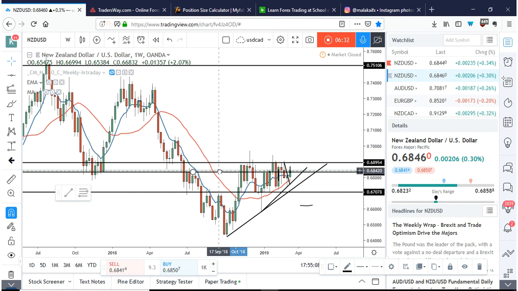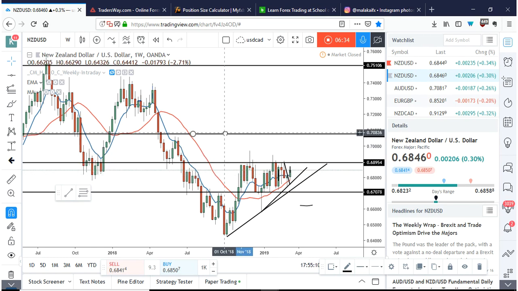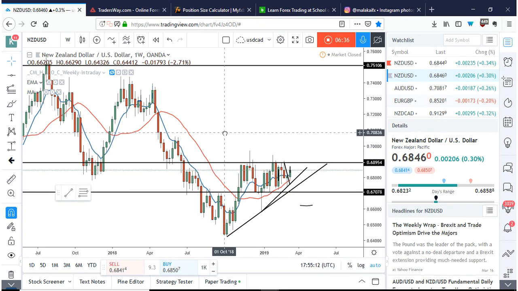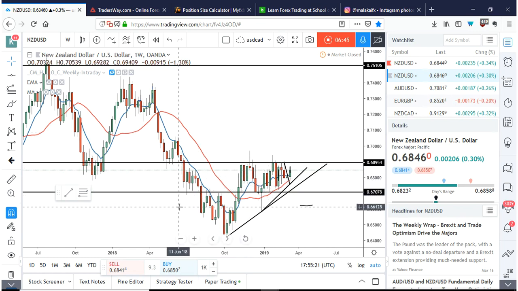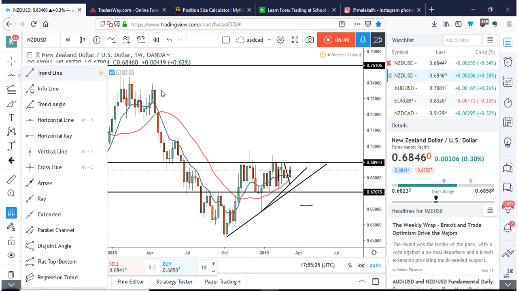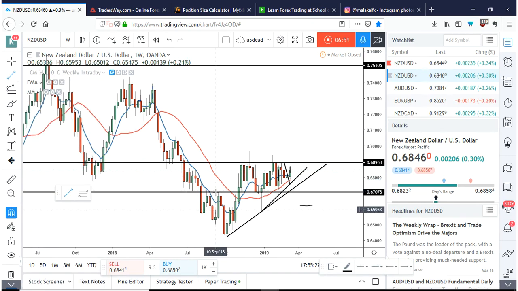So it's just around about 1,500, which is okay. So try and think of at least 1,500, between 1,500 and 1,000 pip range. So right now that's how price is moving, and all we're going to do is we're going to take the current range that NZD USD is in.